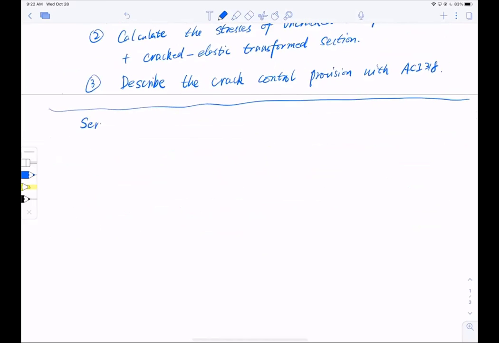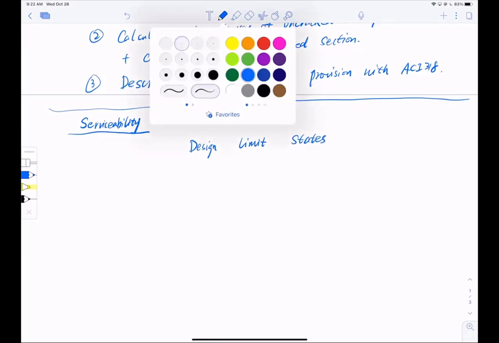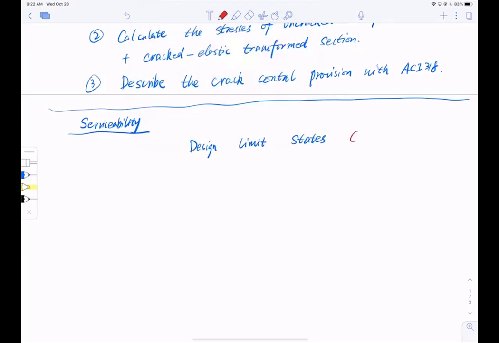So first of all, I want you to have a concept of serviceability from the higher level. So there is a design limit state, and this we talk about in chapter 2. Design limit state is divided into three categories.